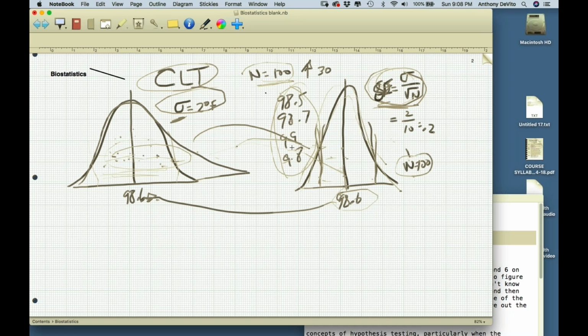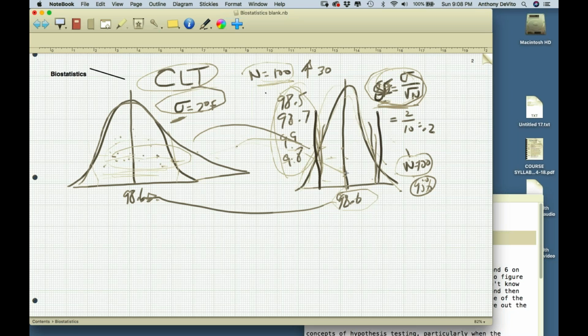It could be 98.7. It could be 99. It could be 98. But I'm 95% certain, because of the empirical rule, that it's likely to be between two standard errors below and two standard errors above the population mean. Well, that gives us a lot of power now.